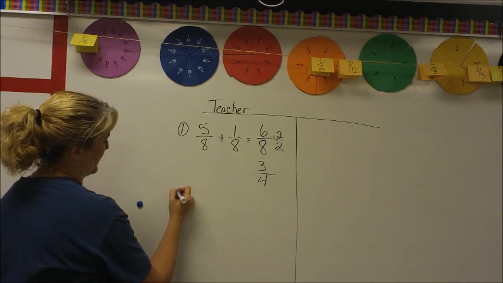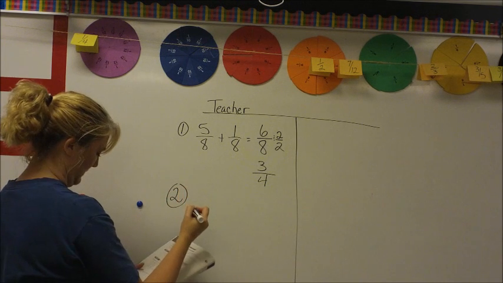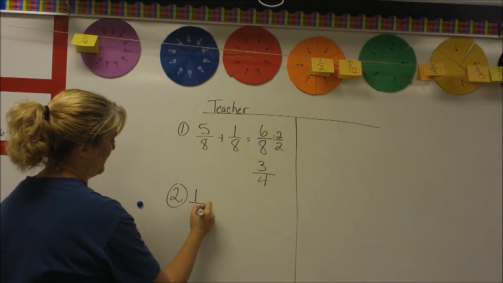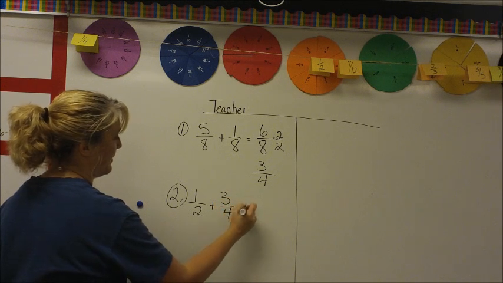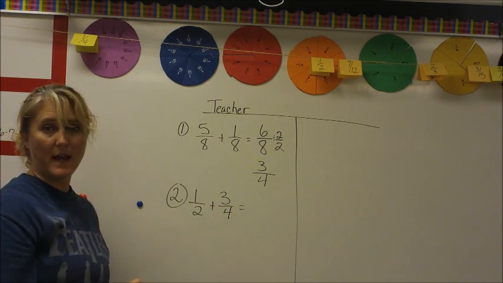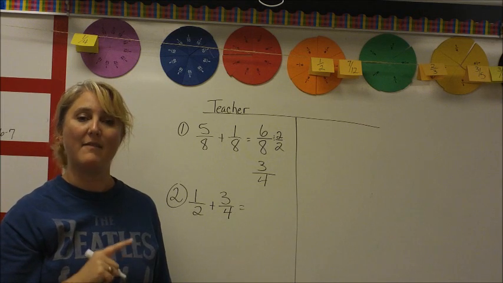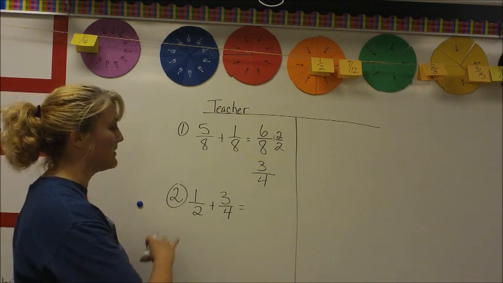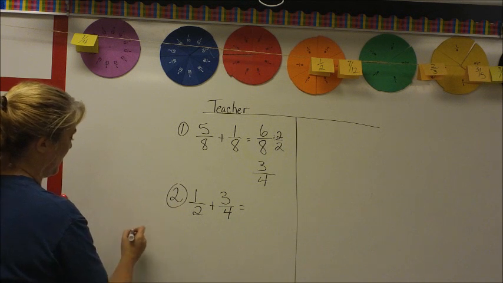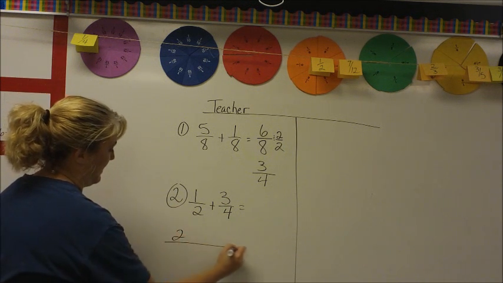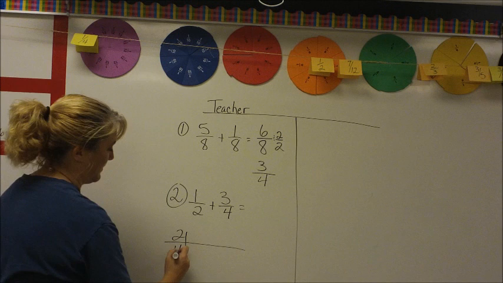Alright, look at this one. This says 1/2 plus 3/4. Okay, now here, my bottom numbers aren't the same. Okay, step number 1 says that I have to have a common denominator. So I'm going to start listing my multiples of 2 and 4. I'm going to come over here, and I'm just going to start listing my multiples.